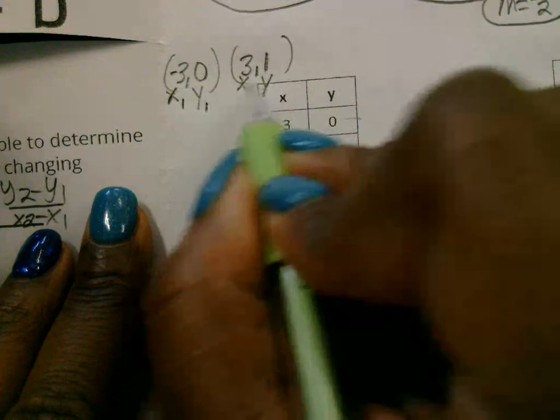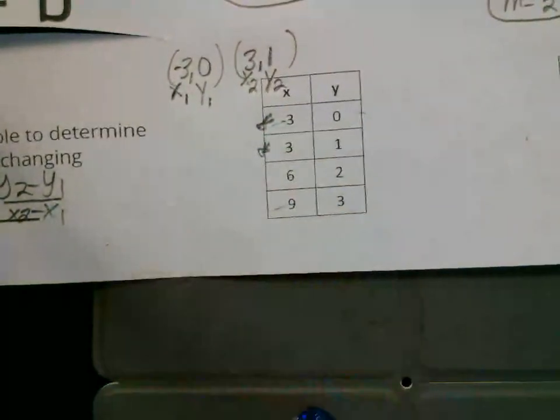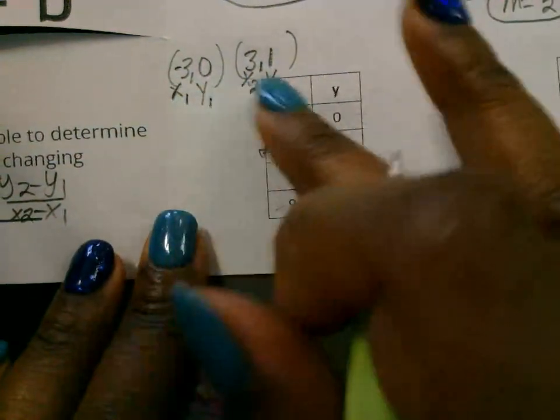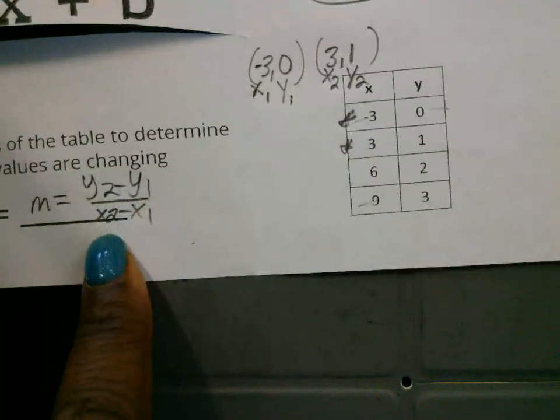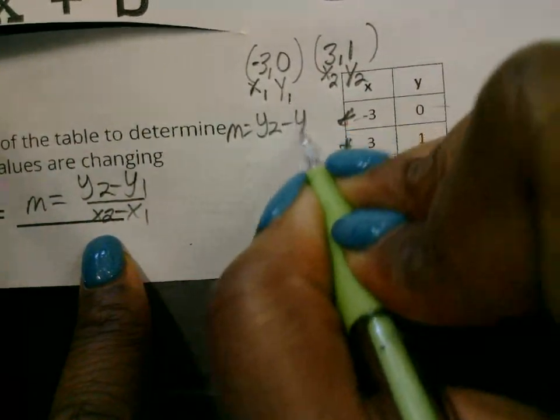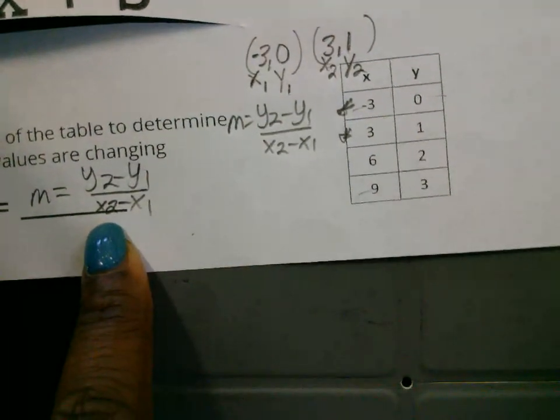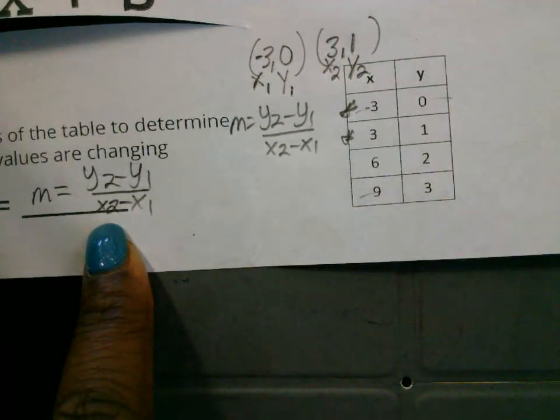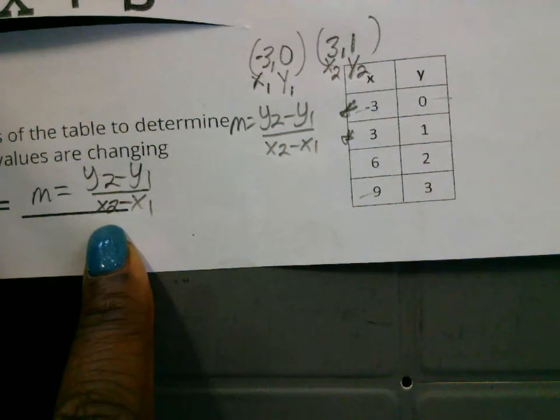This is my second point, so I'm going to label it x2, y2. Now I can use this formula: m is equal to y2 minus y1 over x2 minus x1. Y is on the top, up and down is on the top, left and right is on the bottom.